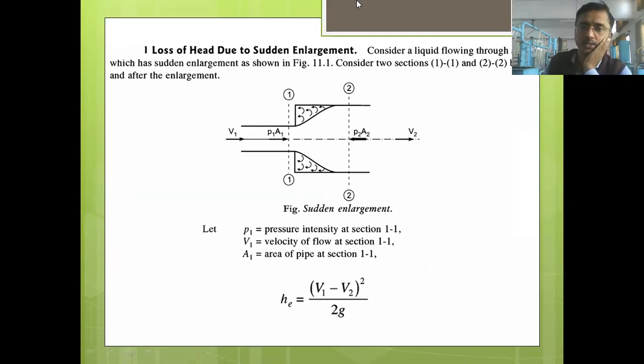In this diagram, you can see there are two different diameter pipes. First pipe is of the diameter D1, area A1, and there is second pipe of diameter D2, area A2. There will be velocity V1 here, V2 here, pressure P1 here, pressure P2 here.